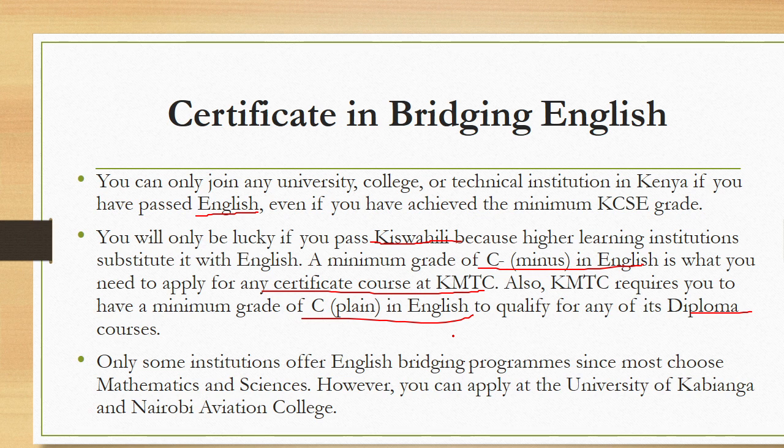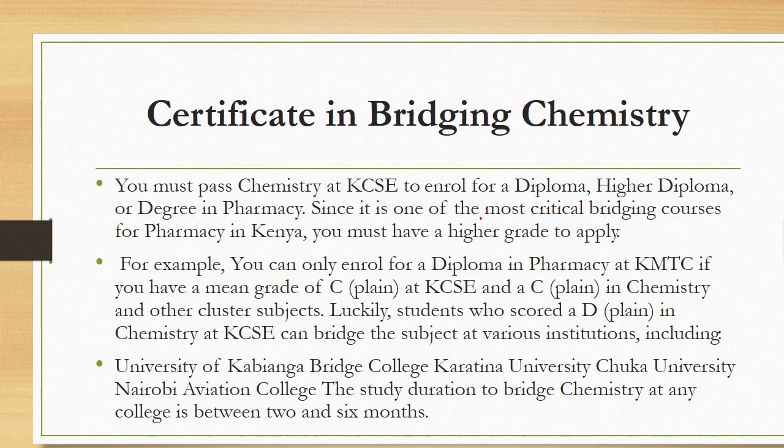Some of the institutions that offer English bridging course, we have University of Kabianga, Chuka University, Nairobi Aviation College, right? So just check around you. You will find some institution offering this particular course.